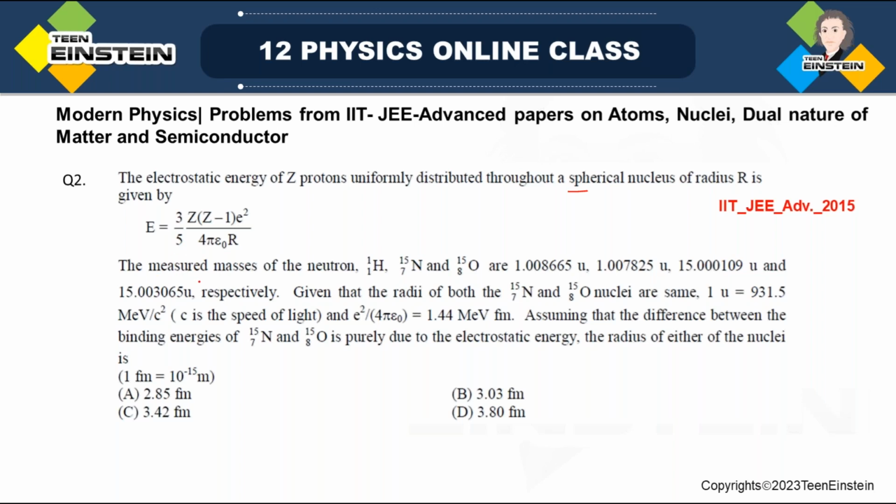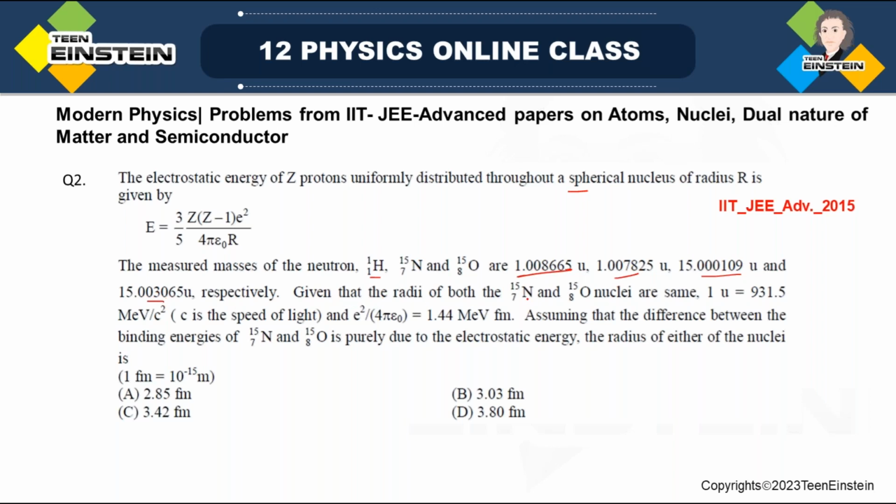All right, now the measured masses of neutron, one neutron and one proton, and then nucleus of nitrogen, nucleus of oxygen are given. So these are the measured masses. You can see this is the mass of neutron, this is the mass of proton, this is the mass of nitrogen isotope, and this is the mass of oxygen respectively.